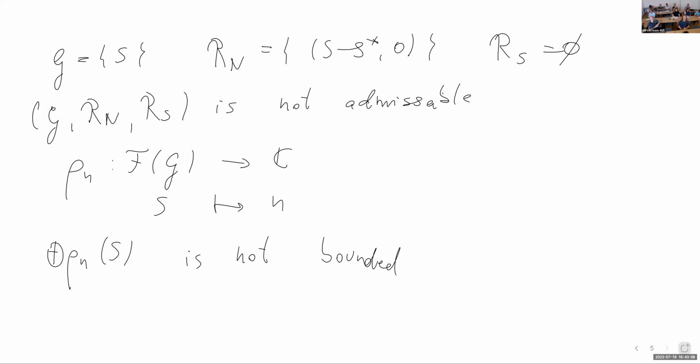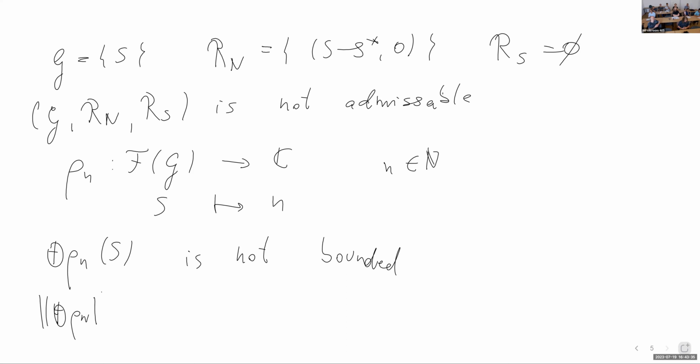The norm of the sum should be the supremum of the norms of each of these rho_n, but because n goes to infinity, where n is a natural number, this is like a non-existence of a free universal C*-algebra generated by one set of generators. Yes, it's not bounded.